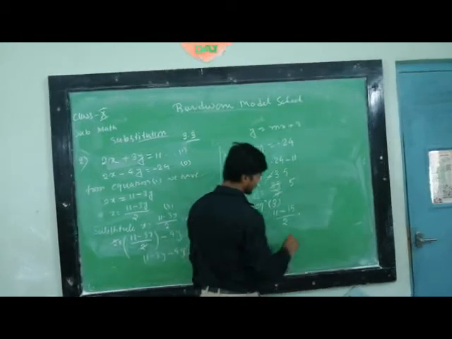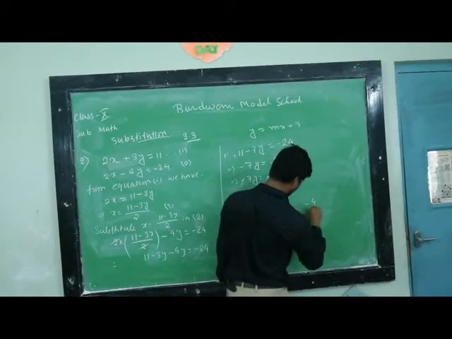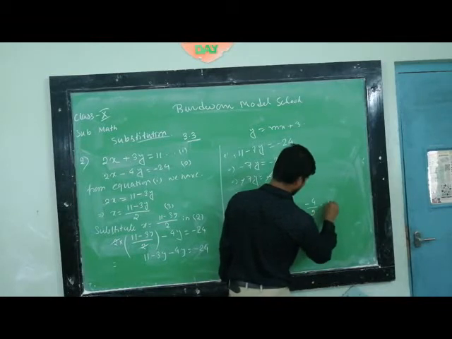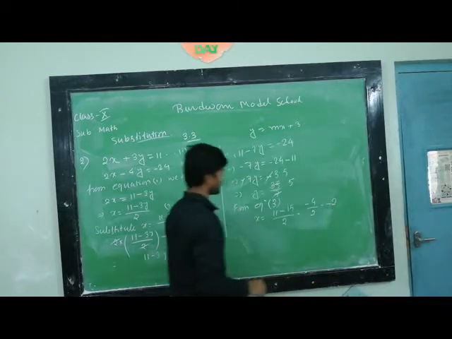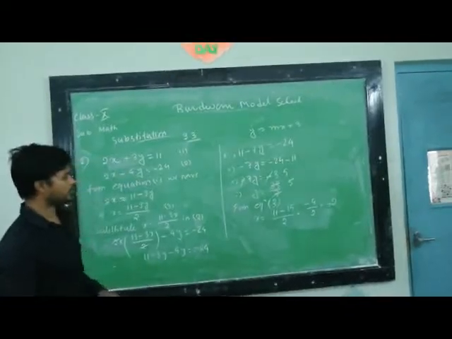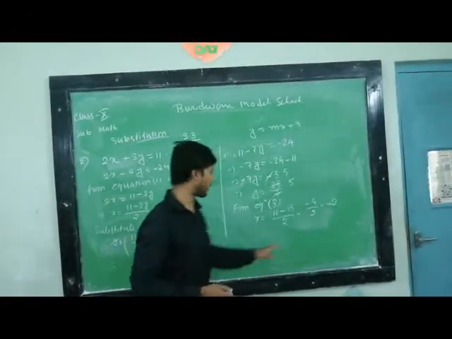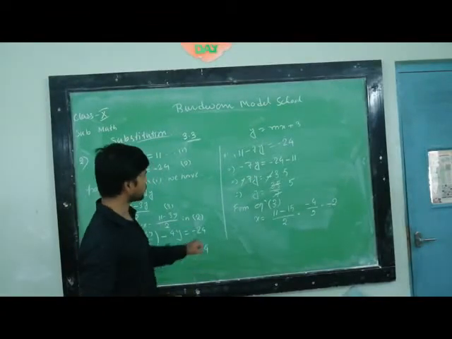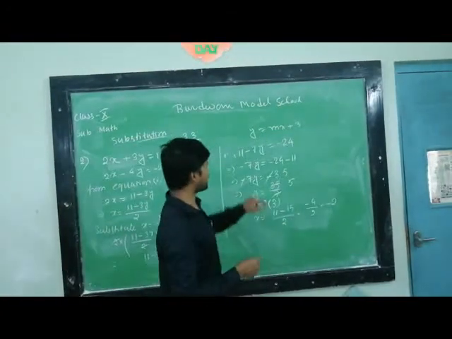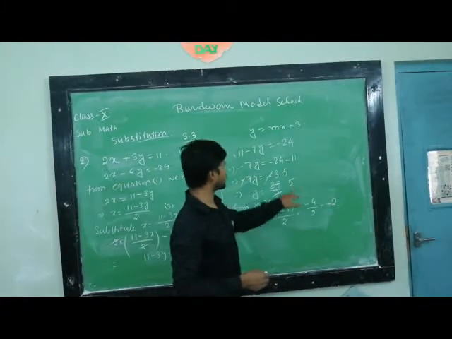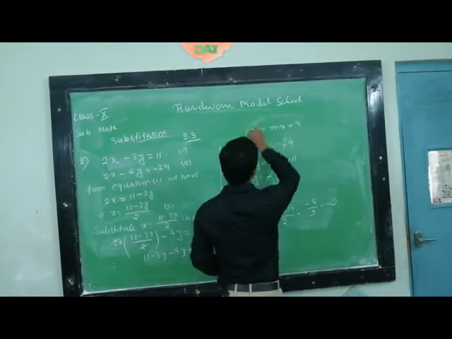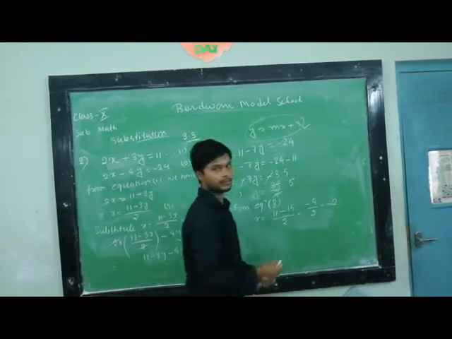So 11 minus 15, that is equal to minus 4 by 2, that is equal to minus 2. So finally we have the solution of these two equations as x equal to minus 2 and y equal to 5. Now put x equal to minus 2 and y equal to 5 in this equation. We have the value of m.